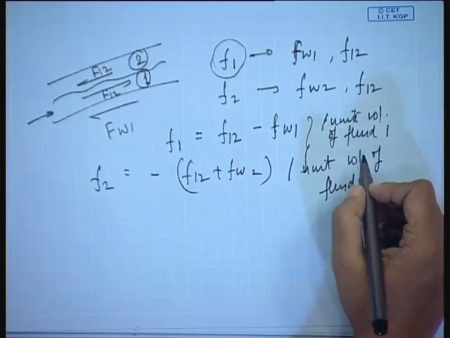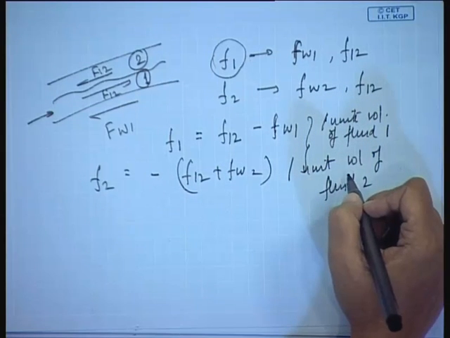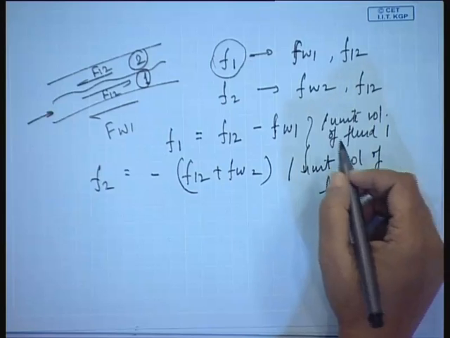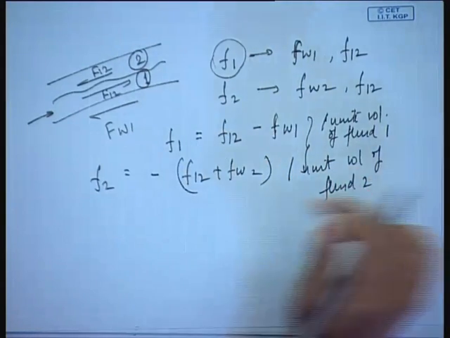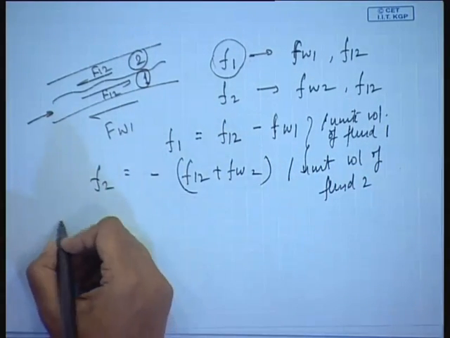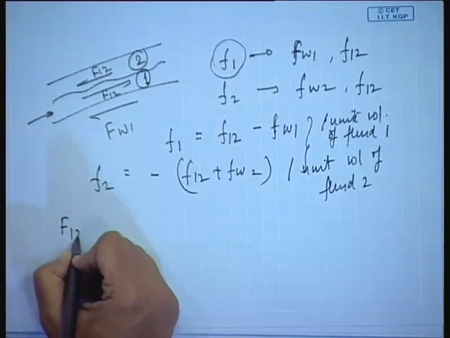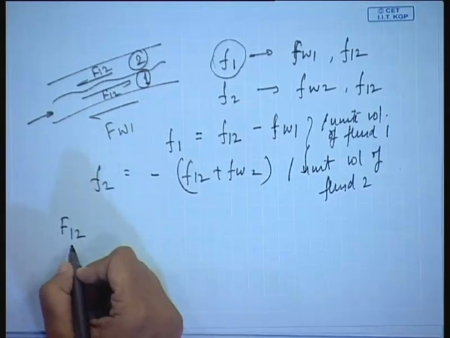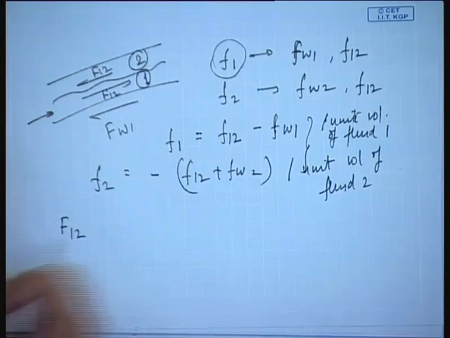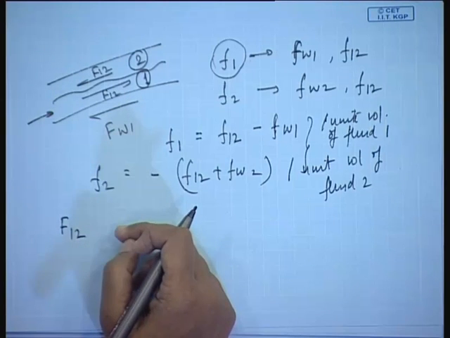Okay. So, in order to describe it as per unit volume of the total fluid mixture, what had we defined? We had defined capital F12, all the capital F's, which was per unit volume of the mixture.